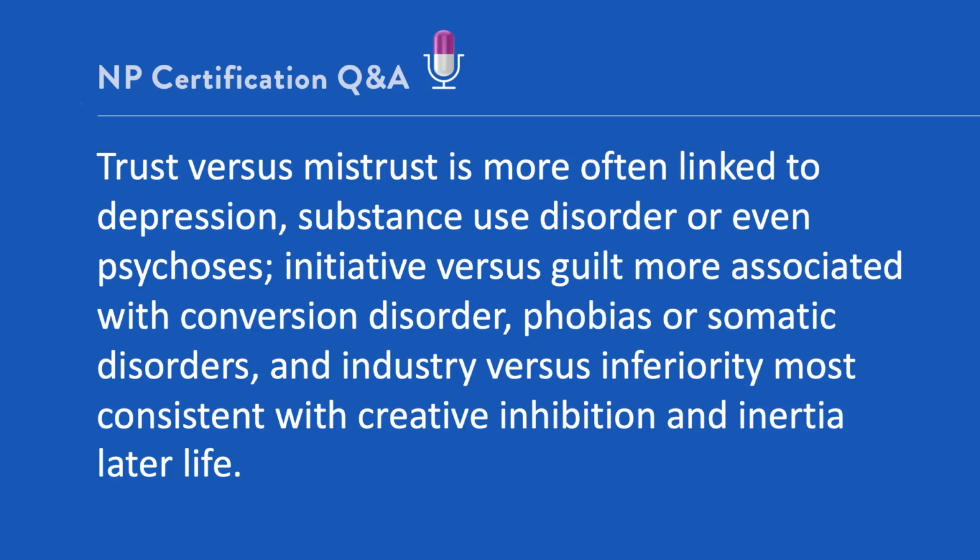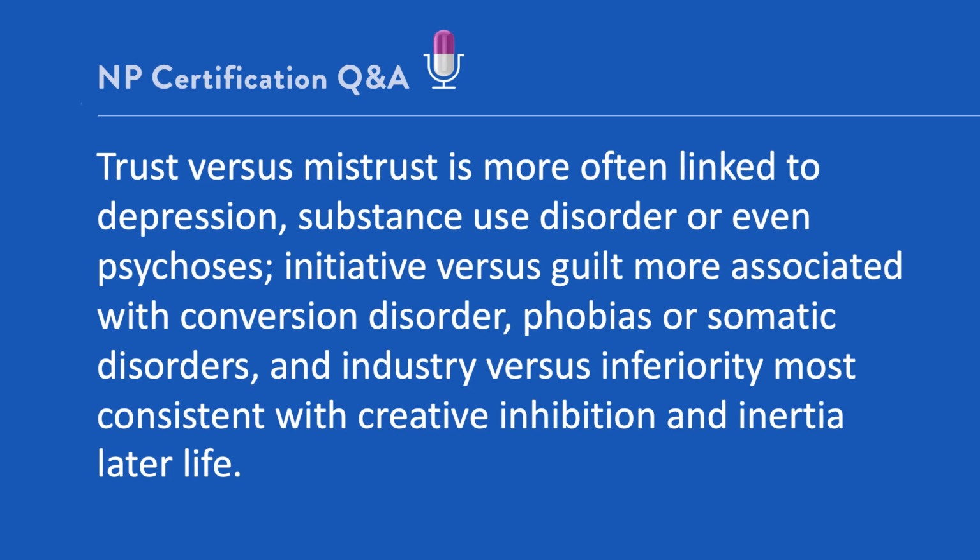And maladaptive resolution of conflict between initiative versus guilt is more often associated with conversion disorder, phobias, somatic disorders like psychosomatic back pain, abdominal pain, and headache later in the lifespan. And industry versus inferiority. This is the conflict of the school-age child. And when this isn't resolved in a healthy way, it's most consistent with creative inhibition and inertia later in life.